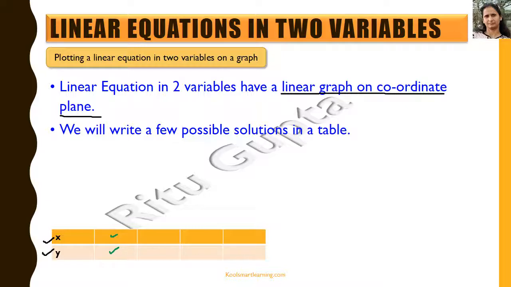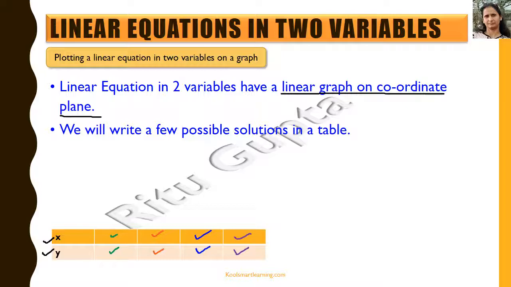The values will be such that they satisfy the equation, and similarly we'll have another value of x, another corresponding value of y, and as many values of x and corresponding values of y.